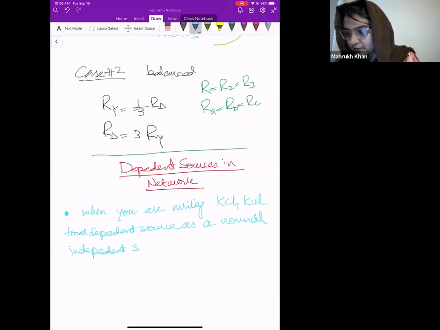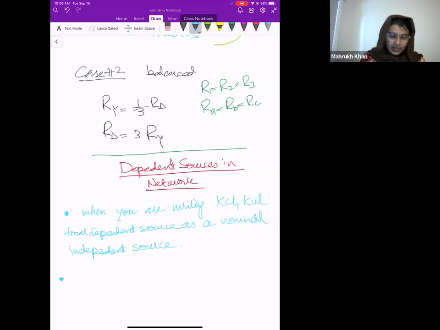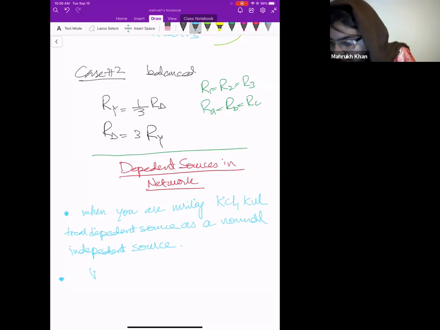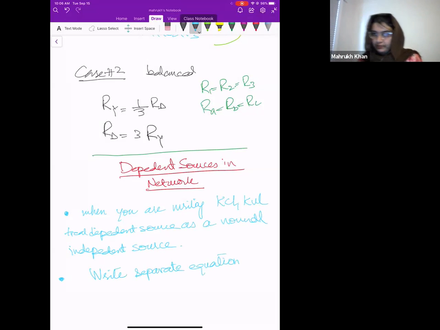What it means, I will show you. The other thing is, once you write KCL or KVL treating them as independent sources, then you will write a separate equation to show the relationship, to equate.